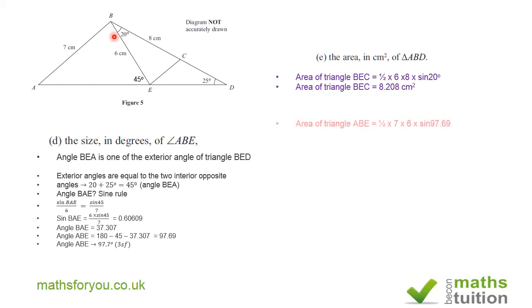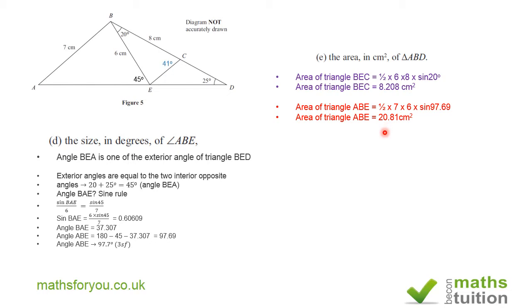So half BC sine A will apply here. So now the area of triangle ABE will be half times 7 times 6 times sine 97.69 degrees. Okay, note that I'm using 4 SF here again. And that will give us a value of 20.81 centimeters squared. Now, notice again, this is 4 SF there.